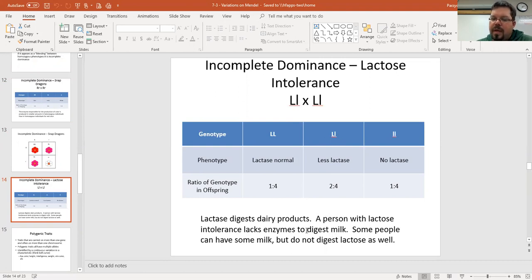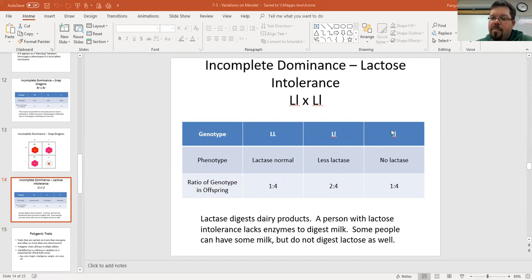Some people can have some milk but do not digest lactose as well. Here's the deal. The homozygous dominant individuals, having both of the dominant alleles, can digest lactose normally. Again, lactose is the form of sugar that's in dairy products.